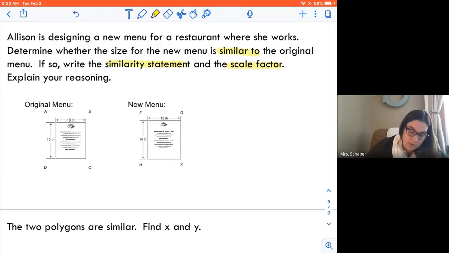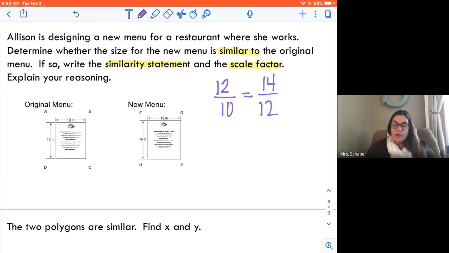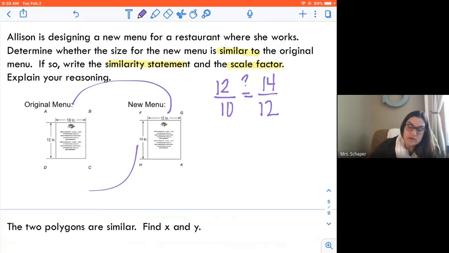So we're going 12 to 10 and 14 to 12. What we want to know is that proportionate. Is 12 of the new to 10 of the old proportionate to 14 of the new and 12 of the old?